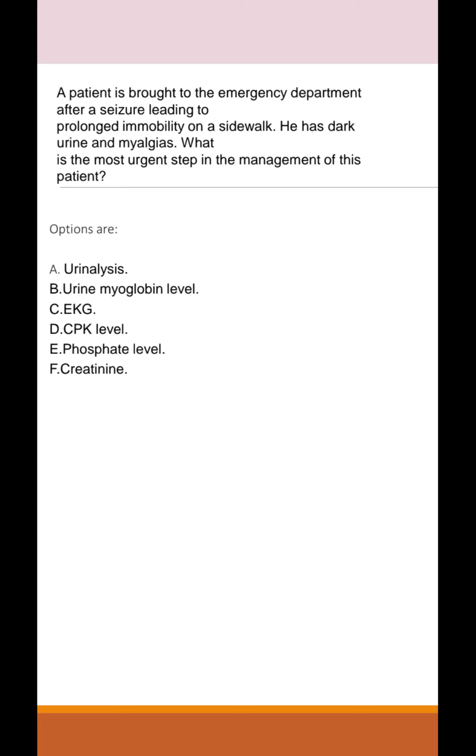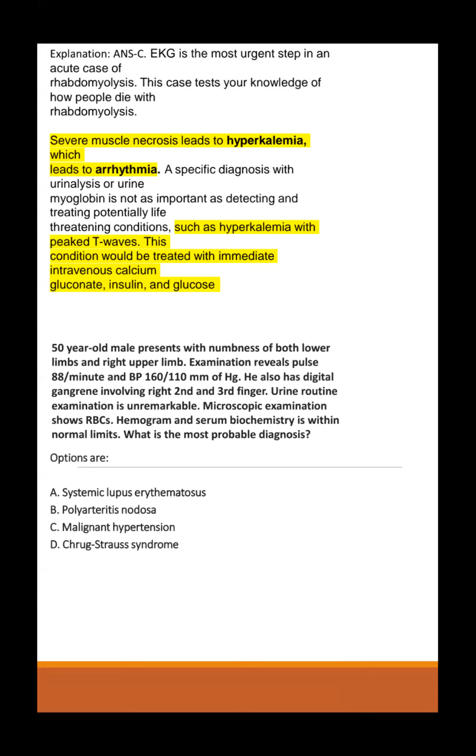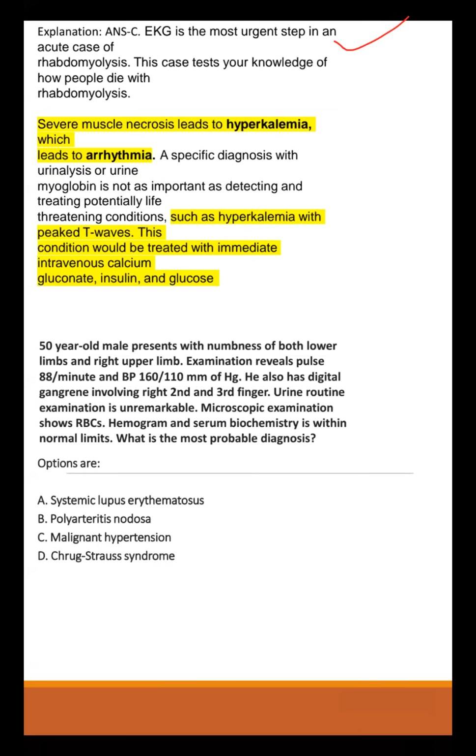When you see a patient in emergency, you have to do an immediate EKG to see any arrhythmia. Peaked T waves can cause sudden cardiac arrest. So EKG is the most urgent step in this acute case.